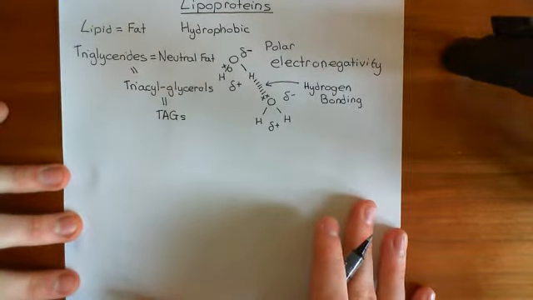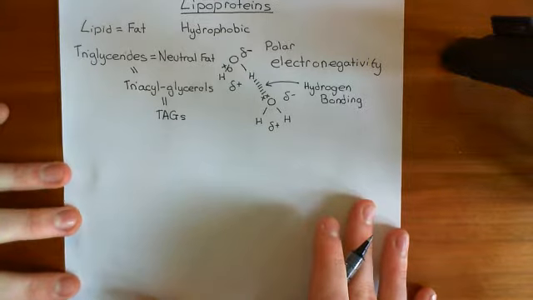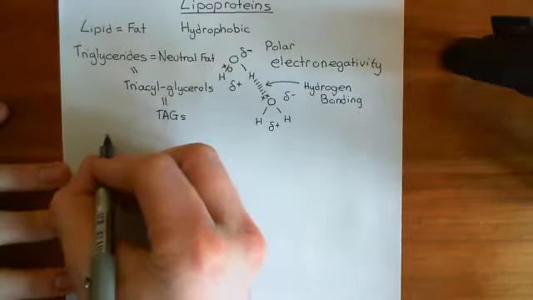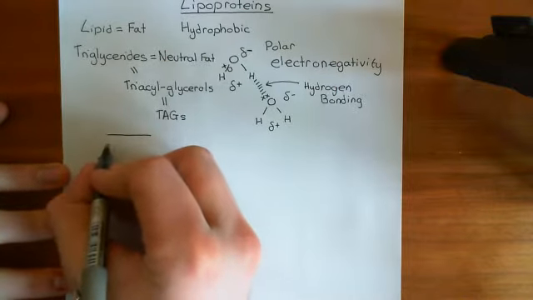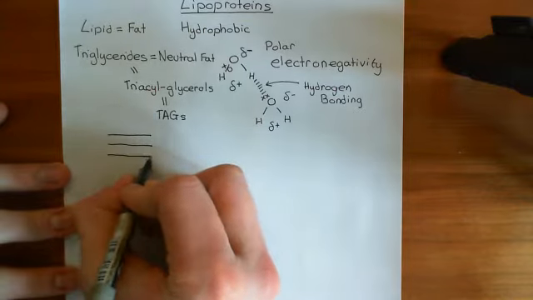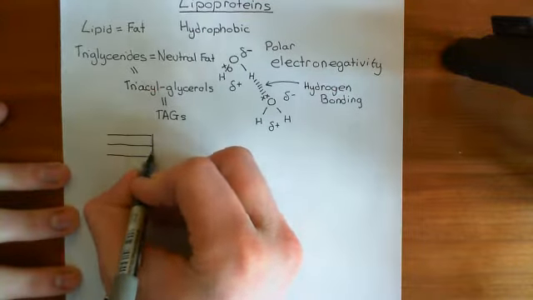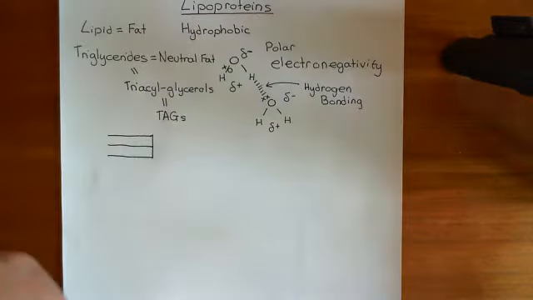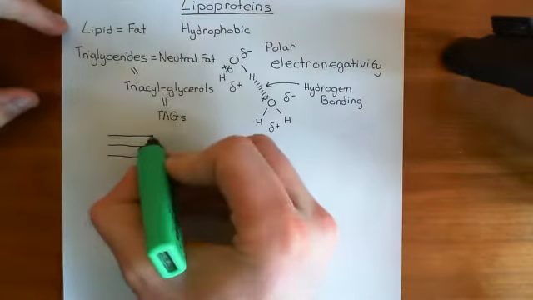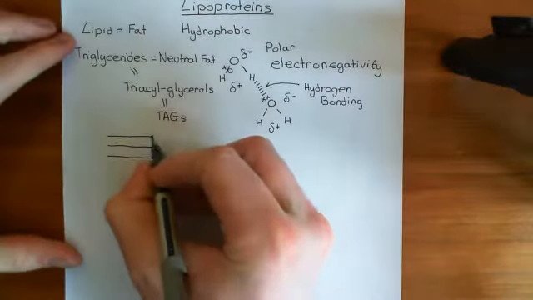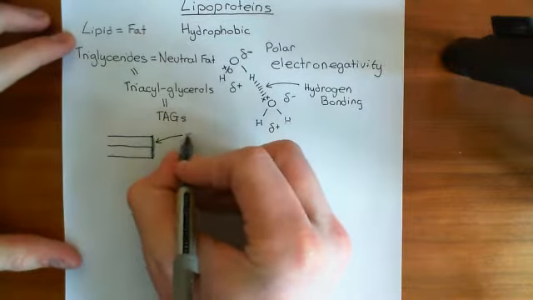Okay, right, so let me show you a little cartoon of the structure of a triacyl glycerol. The backbone for a triacyl glycerol molecule is a glycerol molecule, and this vertical line that I'm now colouring in green here represents our glycerol molecule.